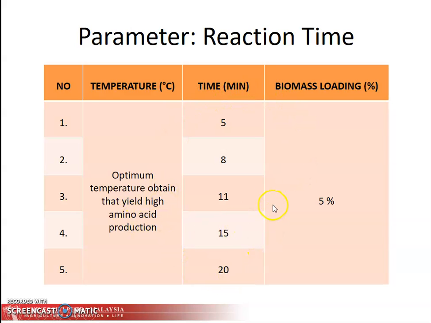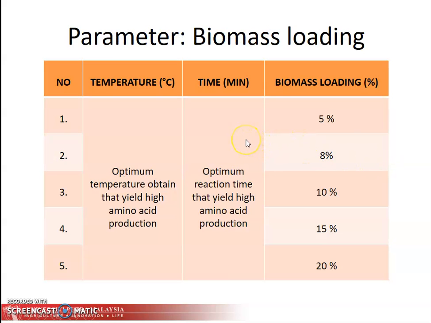From this conventional experiment, we can obtain the optimum temperature and the optimum time required to produce a high yield of amino acid. Next, we'll move on to the third set of conventional experiment, which is related to the biomass loading.